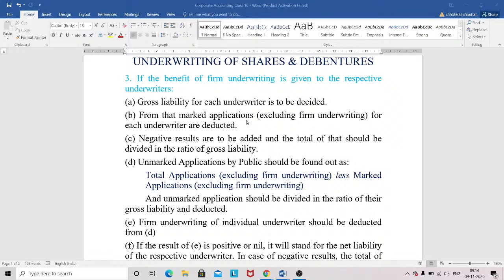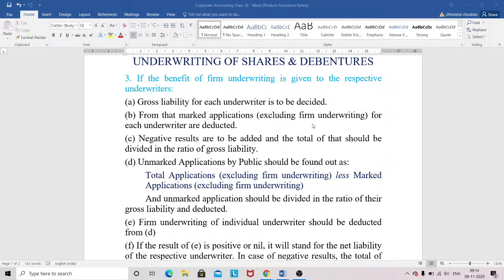Okay, so the marked application, very careful, marked application excluding firm underwriting. You have to deduct the marked application, but be careful that the marked application should be excluding firm underwriting, meaning the marked application should not contain the firm underwriting shares. If it is given separately, fine. That means if the marked application is given without firm underwriting or already excluding firm underwriting, then fine.